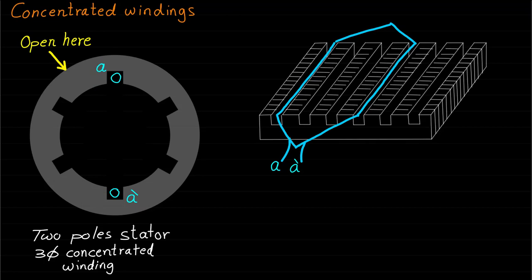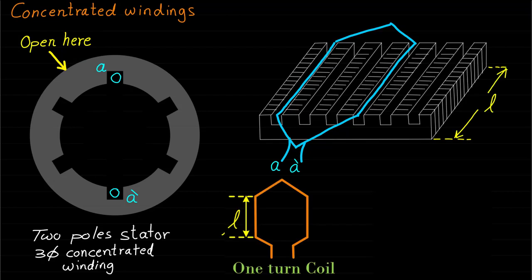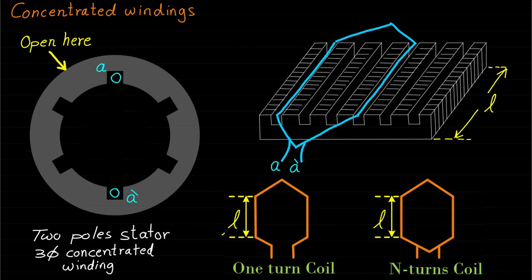This figure shows how phase A coil is implemented if we open or flatten the stator core. Note that any coil with single turn will be represented as shown, while any coil with N turns will be represented as shown.